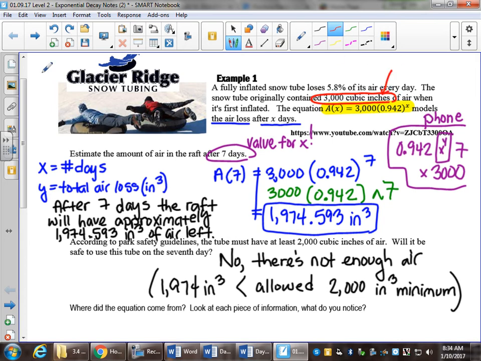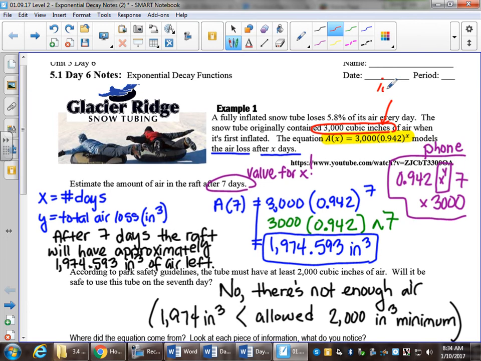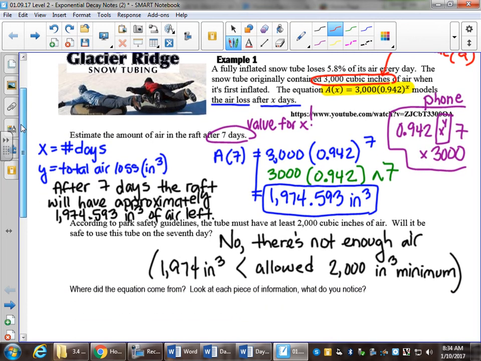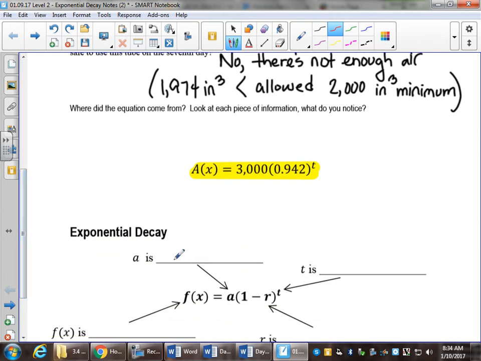Just like with growth, that is my initial value. So let's label that initial value. That's my A. So no difference there. So label that initial value A, and let's come down here. A is initial value.